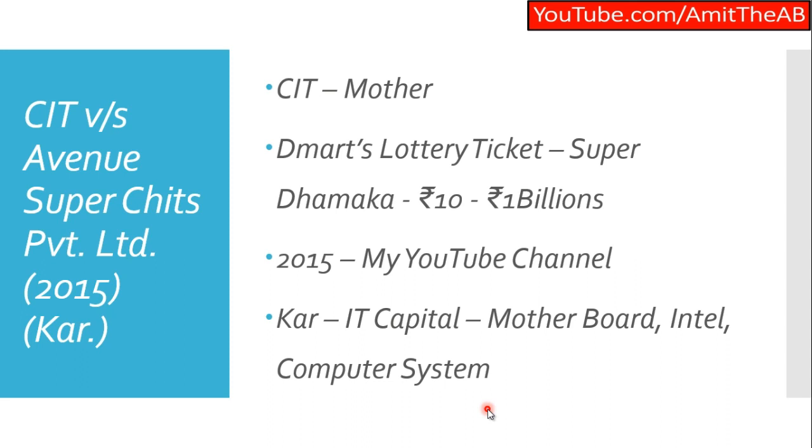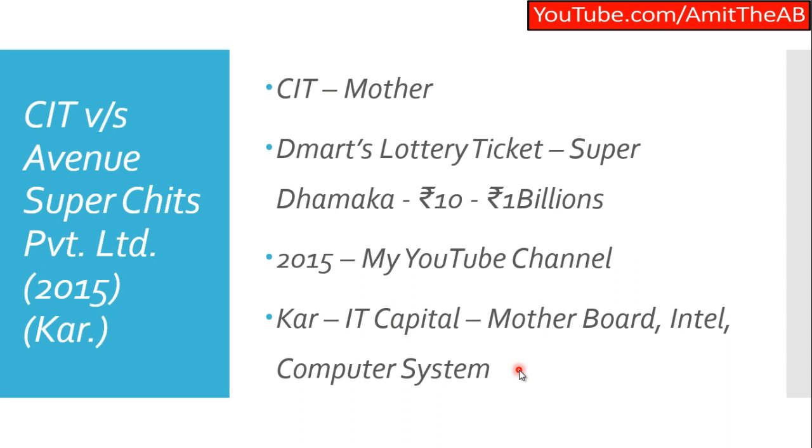So I have all the cards in my hand. I have all the images: my mother, my lottery ticket, YouTube channel, and a supercomputer. Of course, I have not written it over here, but yes, I was using a supercomputer. Now, how do we put it out?